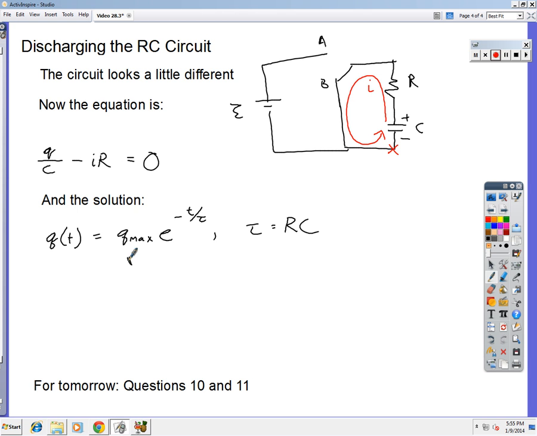If we plot charge as a function of time, we'll find that it is a falling exponential. It starts off at Q max, and the time constant is once again the time it takes to fall to, I think, 32%, so to fall by 68%.